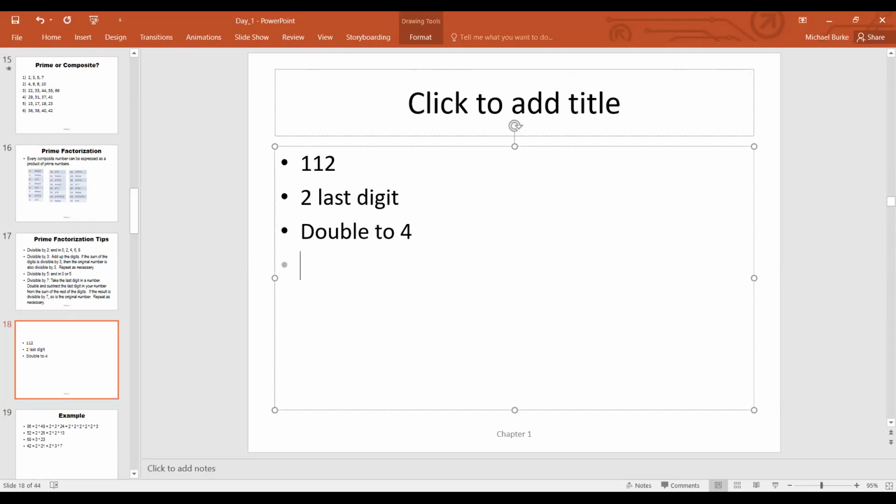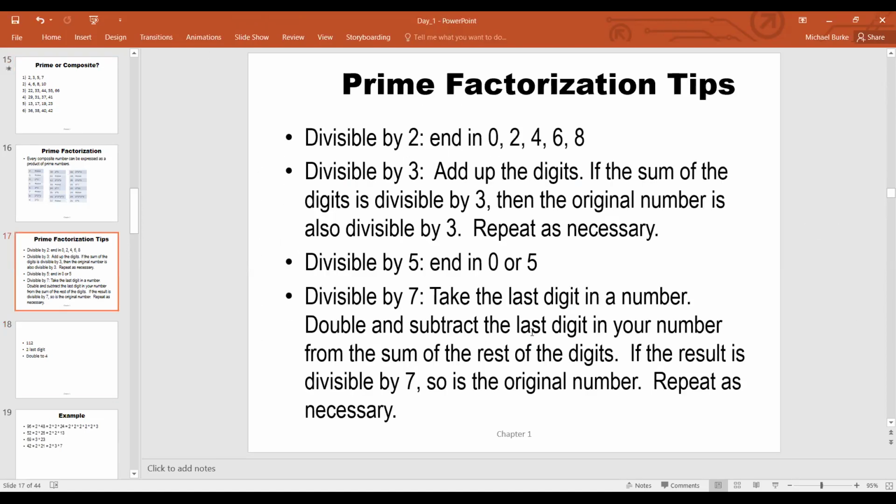And now we look at the rest of the digits.